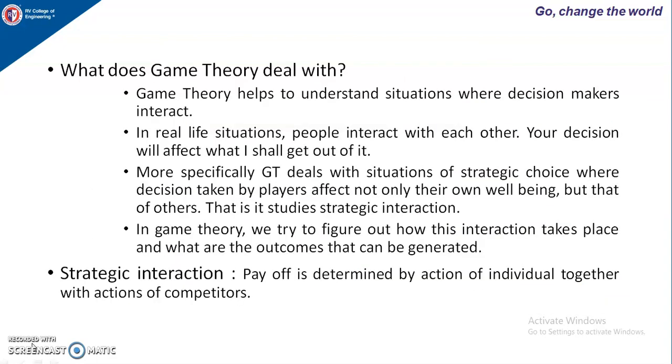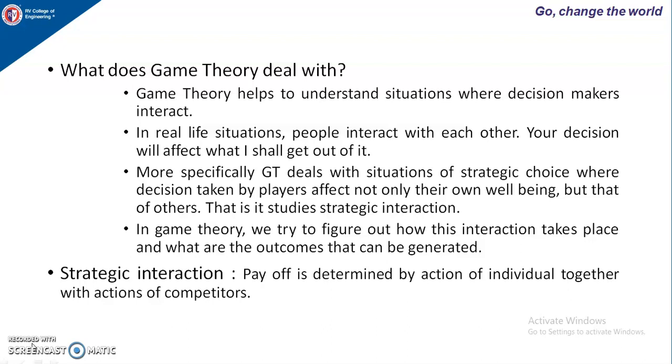What does game theory deal with? Game theory helps to understand the situations where decision makers interact. In real life situations, people interact with each other. Your decision will affect what I shall get out of it. More specifically, game theory deals with situations of strategic choice where the decisions taken by players affect not only their own well-being but that of others.